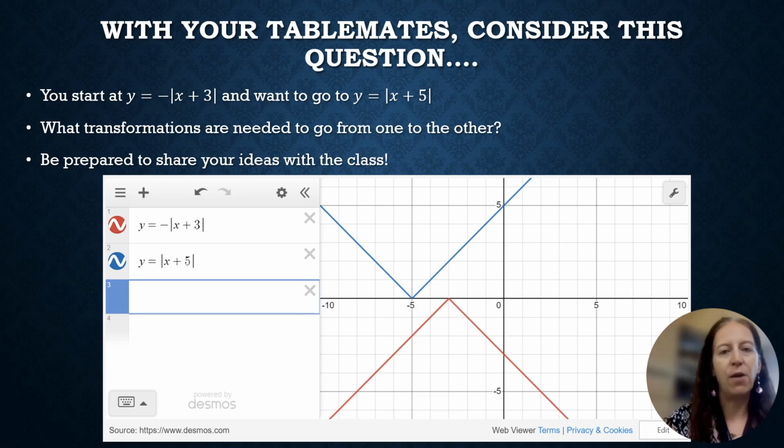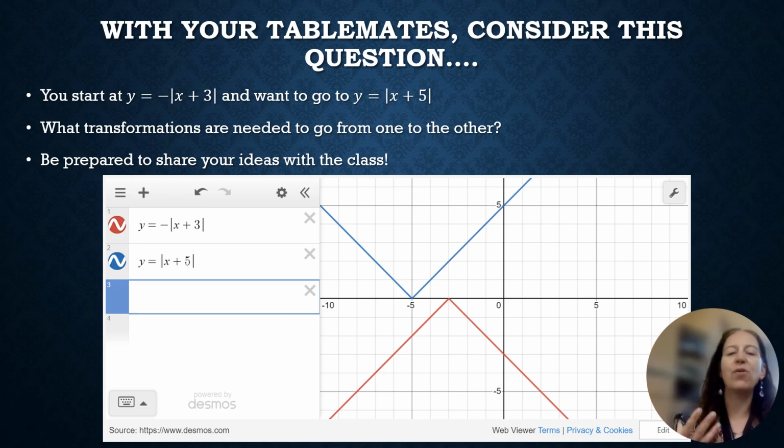And I want to go to y equals the absolute value of x plus 5. And there we go. So we're starting at the red one and we want to get to the blue one. So the question is, how do I get there?